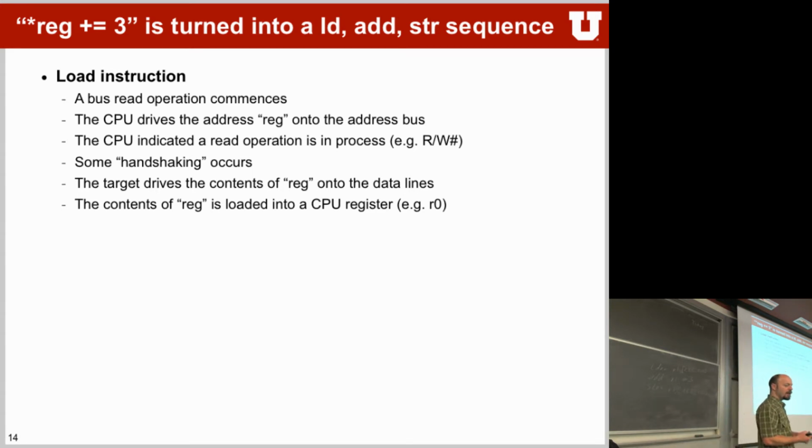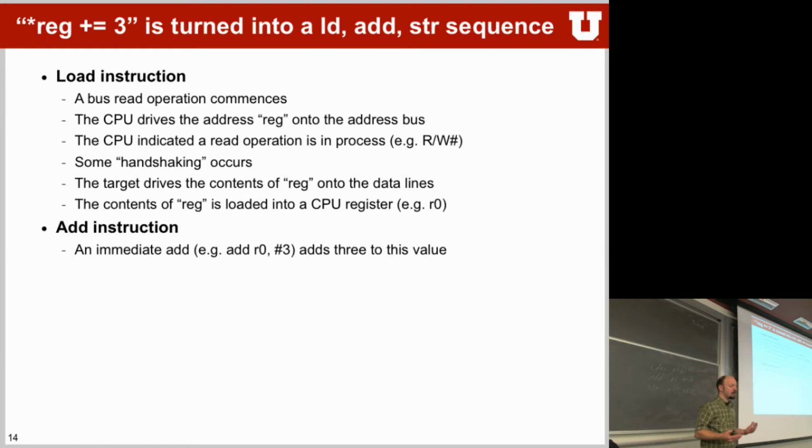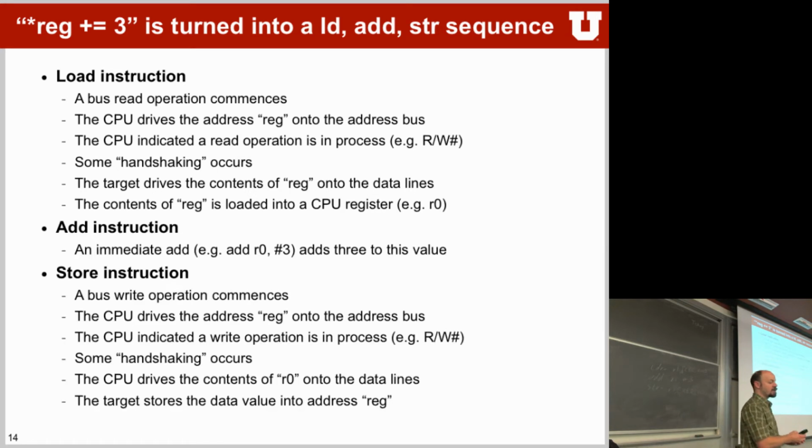Then it will indicate that we want to read this particular address. There will be some handshaking that occurs like last time, and then the register content will be put onto the data lines of the bus, and the CPU can get the data and put it into a register. The add instruction adds 3 to the register that we have inside our core. And then the store instruction is exactly the inverse again. We're going to put the register address onto the bus, put the data onto the bus, and tell it it's a write.